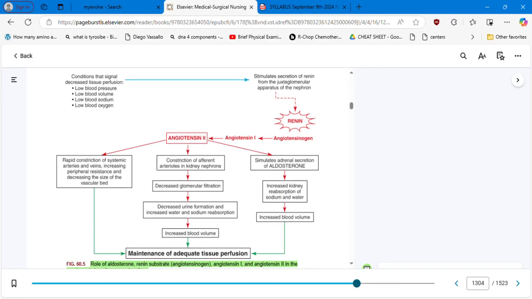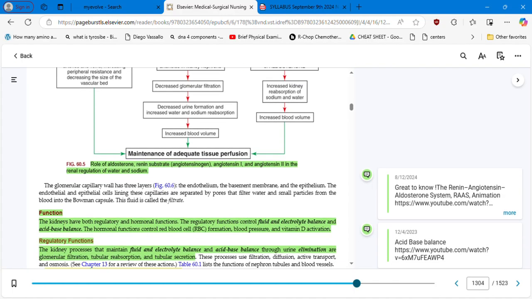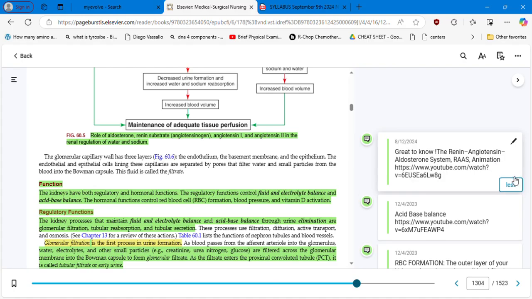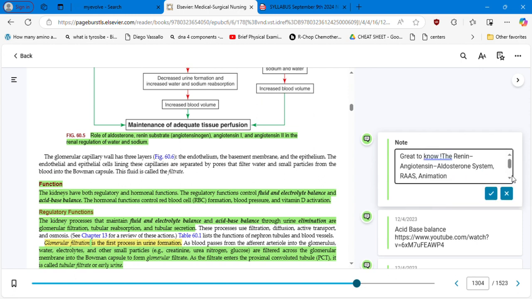Now, the role of aldosterone, renin, angiotensin 1, and angiotensin 2 in the renal regulation of water and sodium. This is good to know, the renin, angiotensin, aldosterone system. I am going to play this video because you cannot graduate if you don't understand the renin, angiotensin, aldosterone system. It's very important.